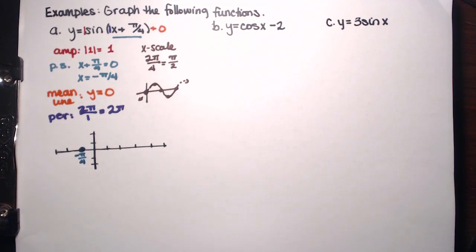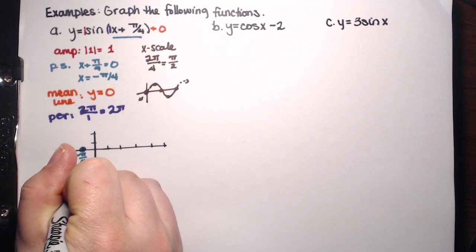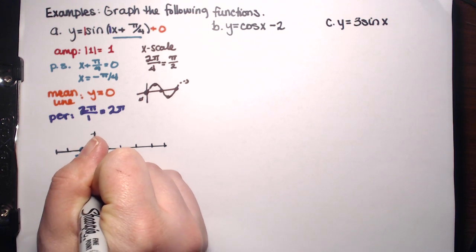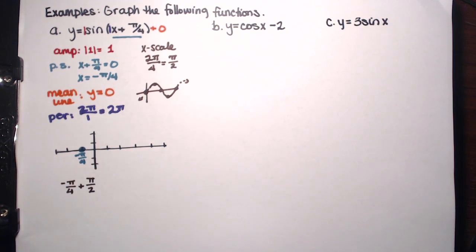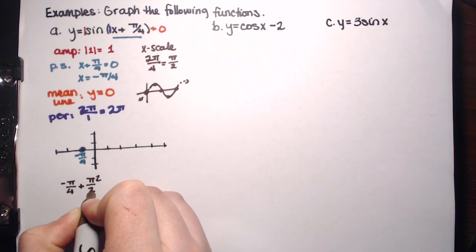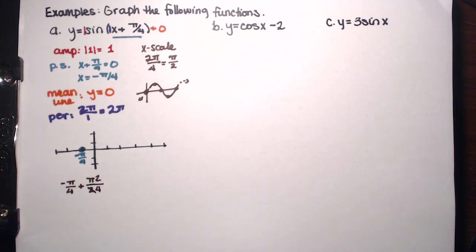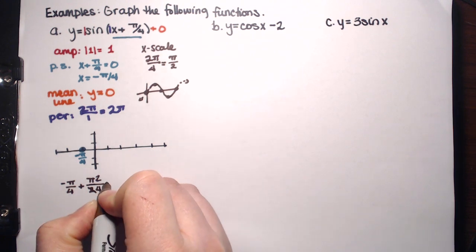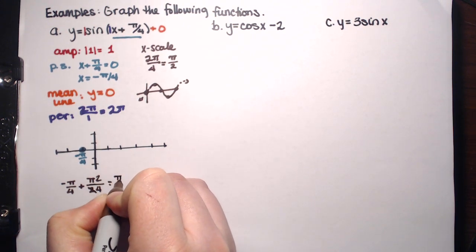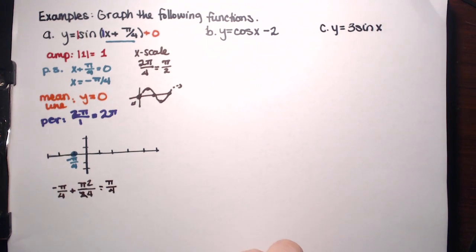Now the x scale is going to help us figure out how many little marks I need to go. So I need a distance of pi halves. So what is -pi fourths plus pi halves? Well, I need a common denominator. So this is really 2 pi fourths. So what is negative pi fourths plus 2 pi fourths? Pi fourths. So that's where my next step is going to be.